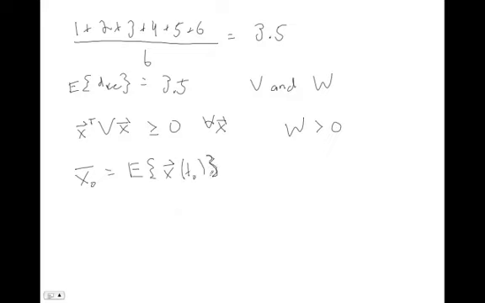And then we're going to call this big matrix sigma naught the expected value of, I'm going to take my x at time 0 and subtract this expected value off. And that's an n by 1 vector. And then I'm going to times it by the same thing.